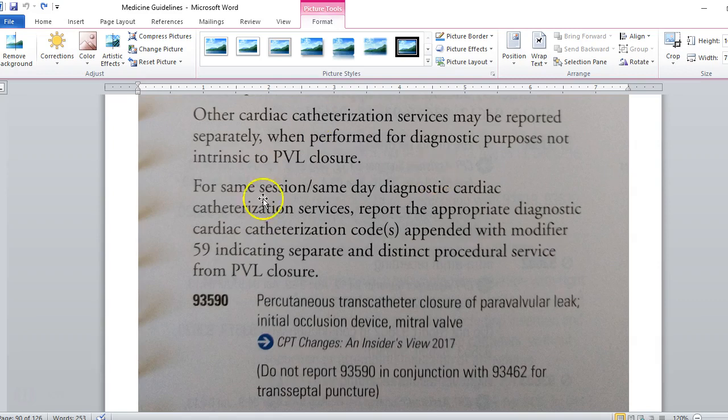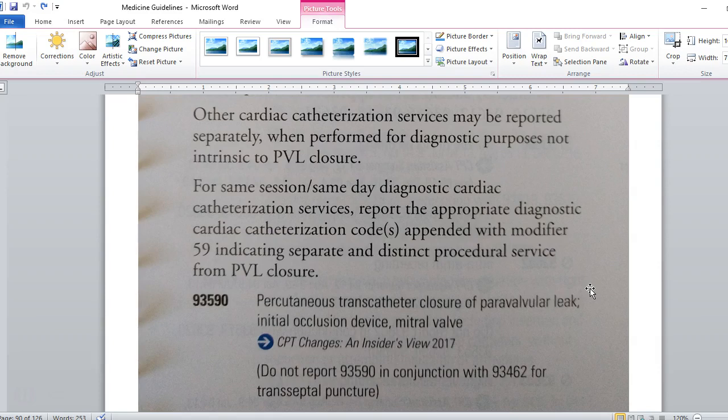Now, I just want to point this out, even though I didn't highlight it. For same session, same day diagnostic cardiac catheterization services, report the appropriate diagnostic cardiac catheterization appended with modifier 59, indicating a separate and distinct procedural service from a PVL closure.